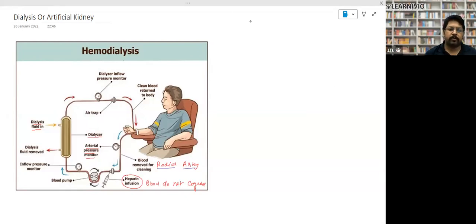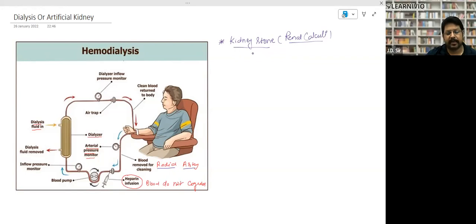One more important thing which I want to mention over here: kidney stone. They are also known as renal calculi. Technically, renal calculi and kidney stone are the same thing.